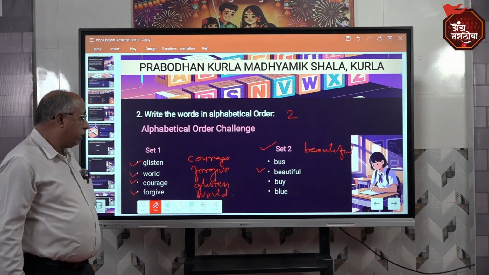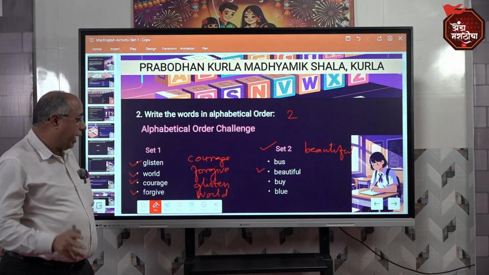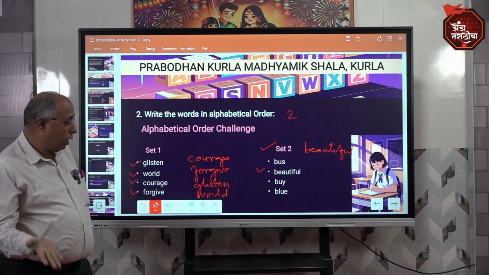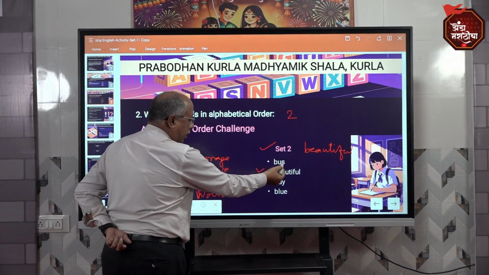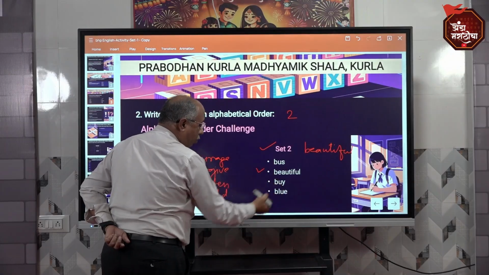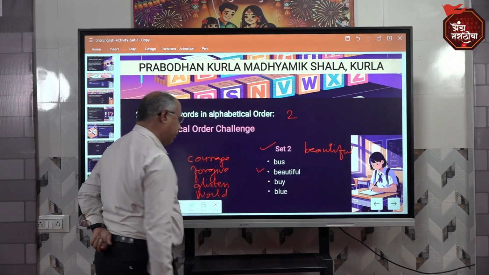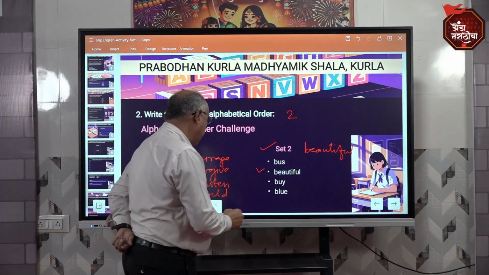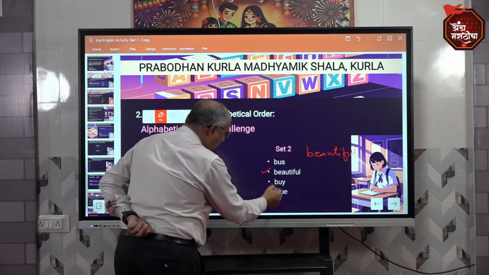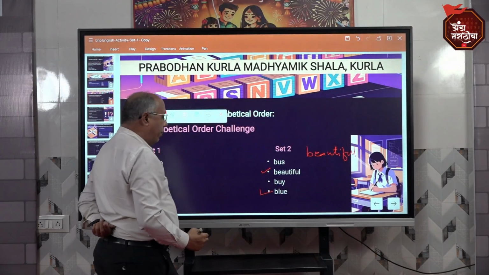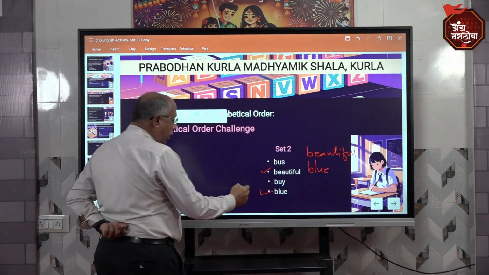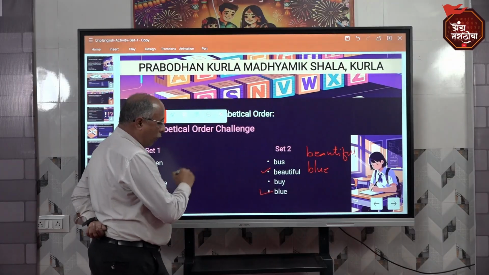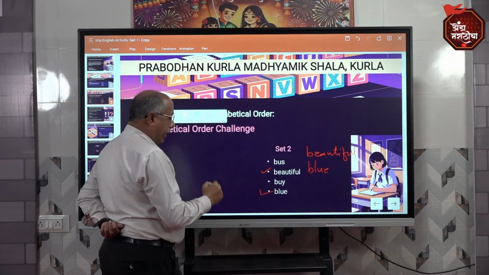Rest of the three words, their first two letters are the same. That's why you will consider the third letter. Here in the first word it has S, here Y, and here U. No. So blue is also there. The next will be the fourth one, BLU, blue. And these, the first and third one, both words have their beginning letters BU.